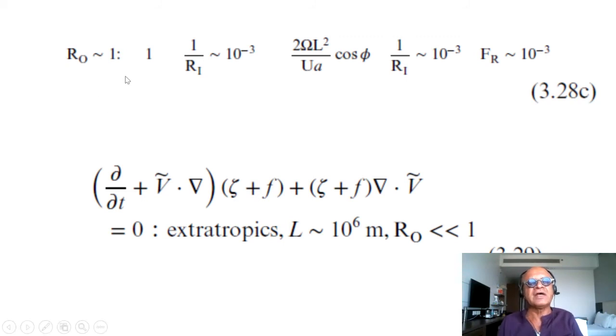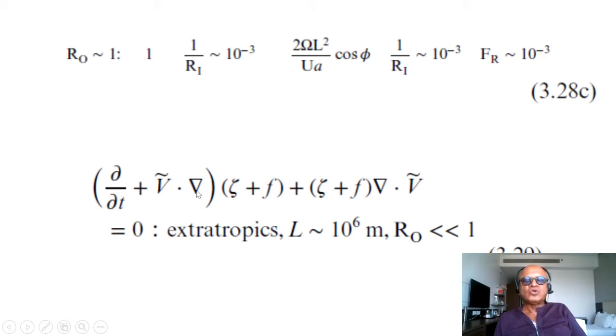All kinds of things happen. For the tropical systems where you have Rossby number of order 1, again you have terms that go from order 1 to 10 to the minus 3, and this term that we hold on to without any specific scale or magnitude, because it depends on which particular part of the system you're considering, and Richardson number and Froude number.